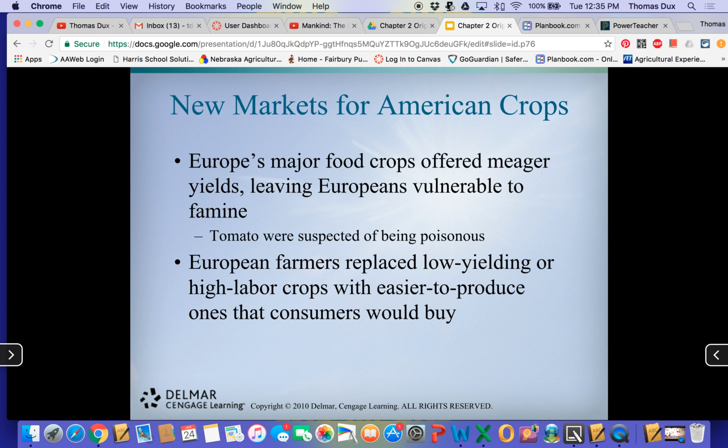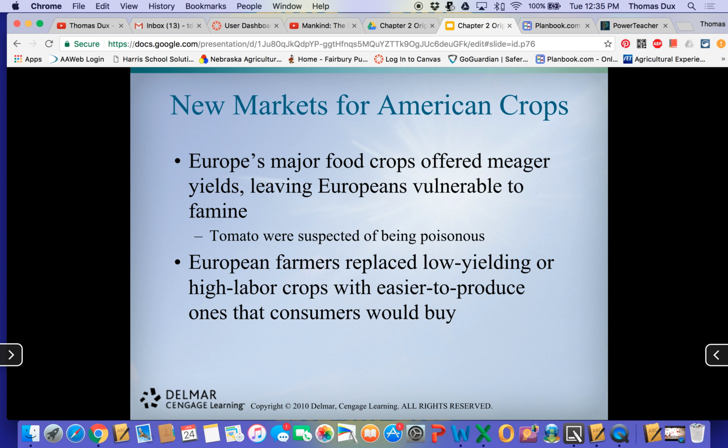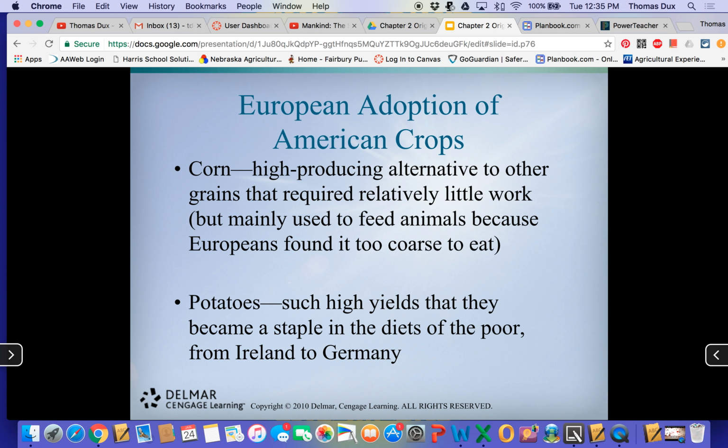Another key staple crop was potatoes. Potatoes also had very high yields and became a very big staple crop in Europe. Even though they originated in North America, this trade began, markets developed, and boom, potatoes were a major staple crop.